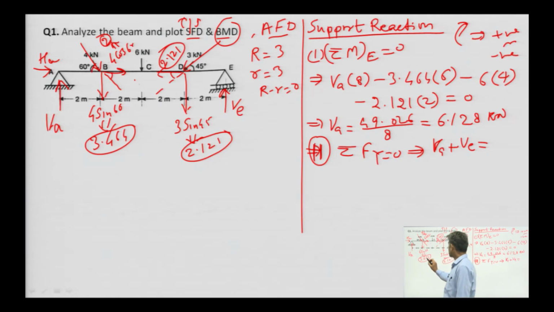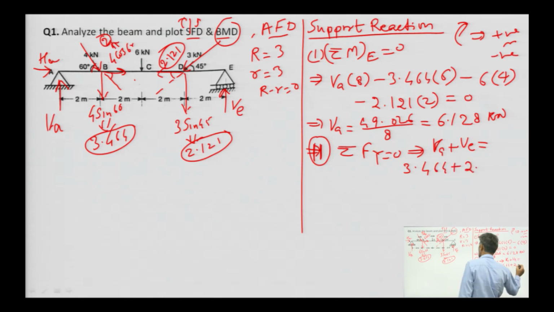This one, 3.464 plus 2.121 plus 6. Okay. So, these are the values of the forces. So, the value of VA is known to us, so the vertical reaction at point E can be calculated. Okay. So, let us calculate it.